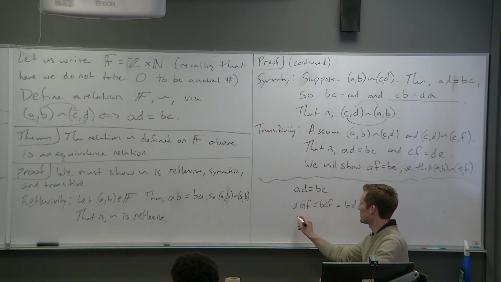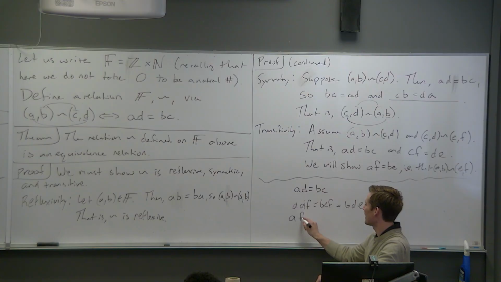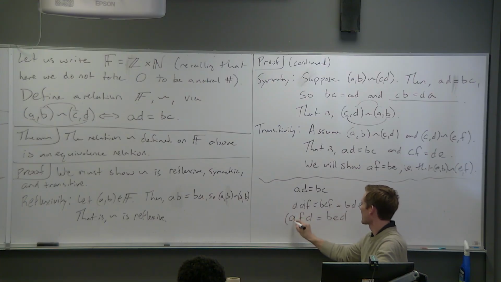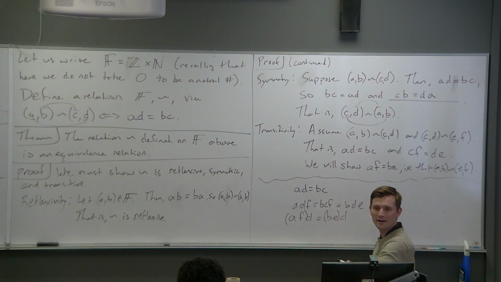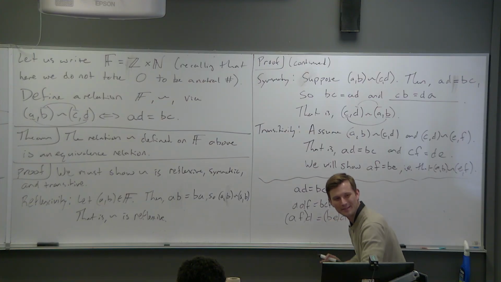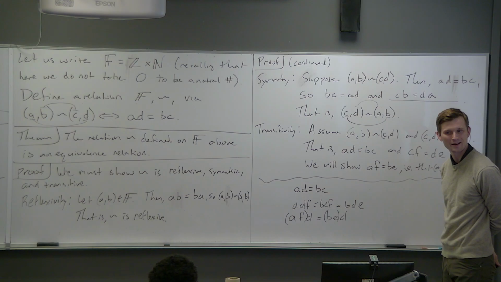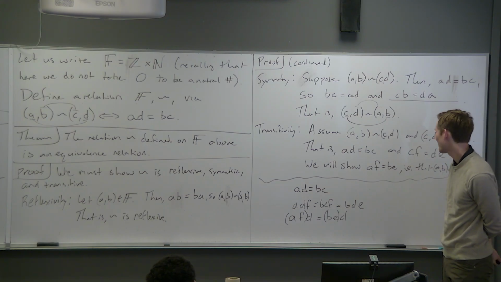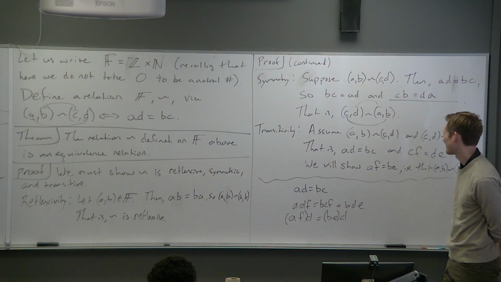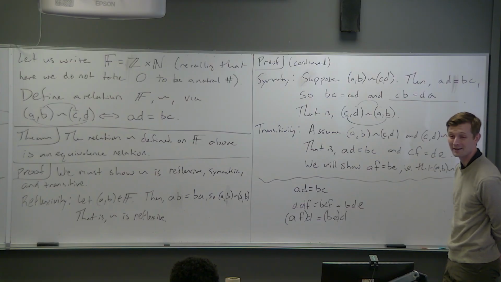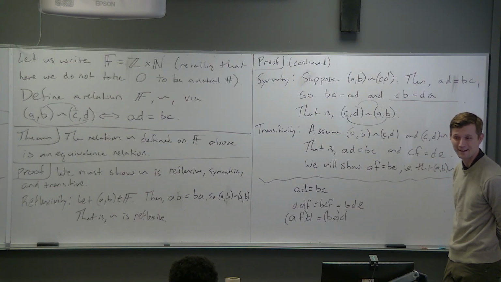And then you could use commutativity of multiplication, AFD equals BED, yeah? And maybe could we get rid of this D? How can we get rid of this D? Cross it off. Yeah, I guess you could just cross it off. It's pretty reasonable if you wanted to think of it that way.